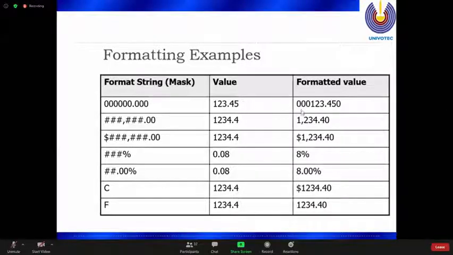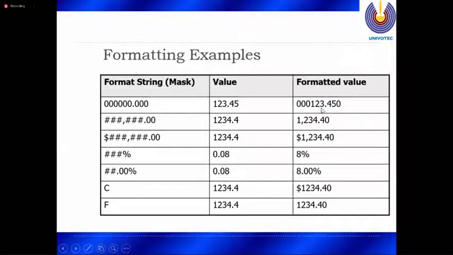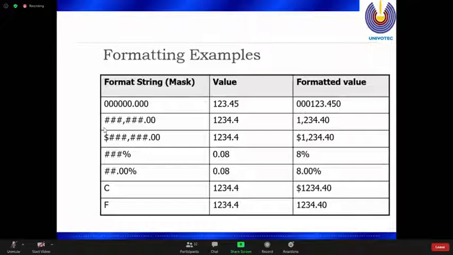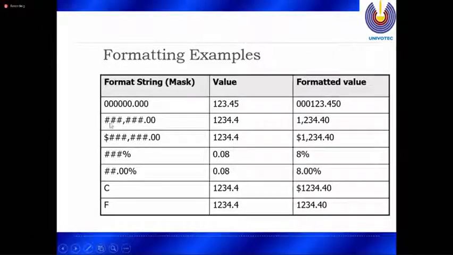Then it appears as 0 0 0 1 2 3, 123 with the decimal point 45. But if we use the hash, then here you see 1 2 3 is 6 digits, but here there are 4 digits.